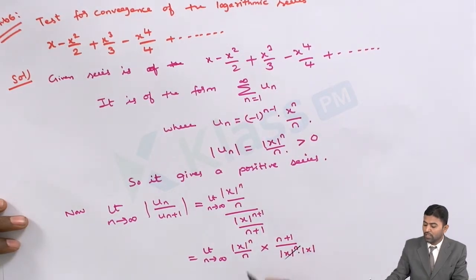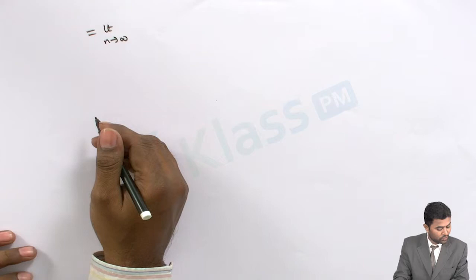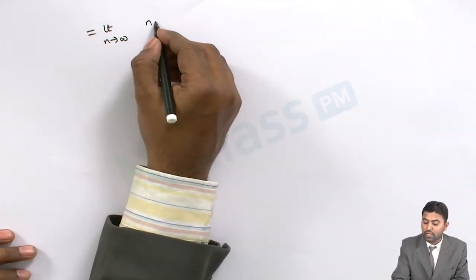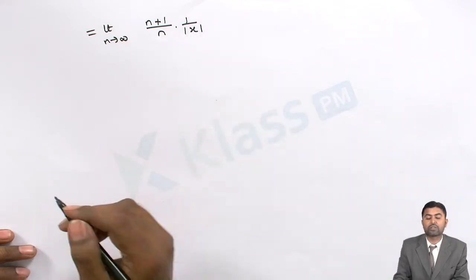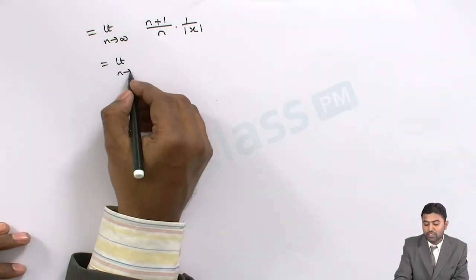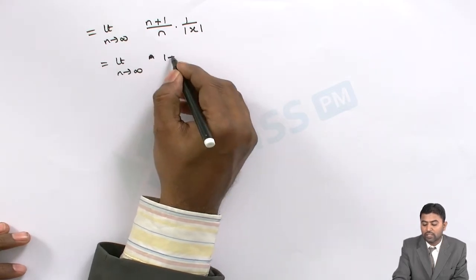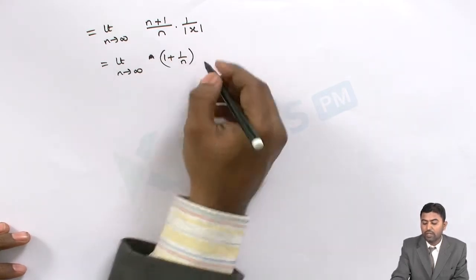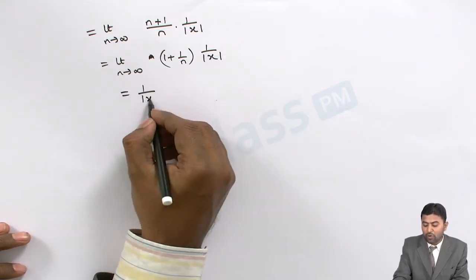So this term and this term will get cancelled, right? So we get limit n tends to infinity n plus 1 by n into 1 by |x|. If I take n common, I'll get 1 plus 1 by n into 1 by |x|, right? So this gives the answer as 1 by |x|.